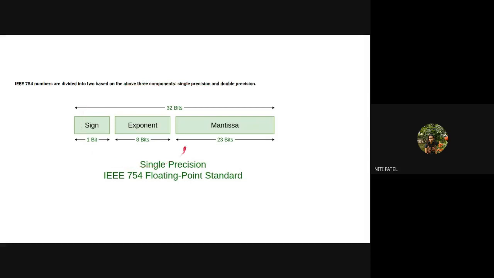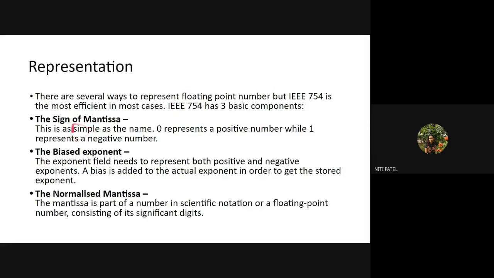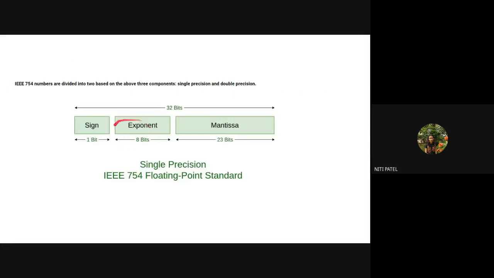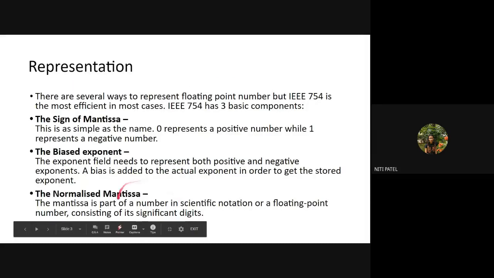And the format has how many bits in total? 32 bits in total. Okay. Where my first is the sign magnitude, which was this part. Second is the biased exponent, 8 bits, which is this part. And the third is the 23 bits of mantissa, which is nothing but the floating point representation, also called the normalized mantissa. Okay.